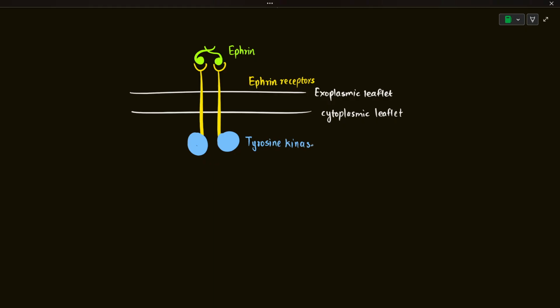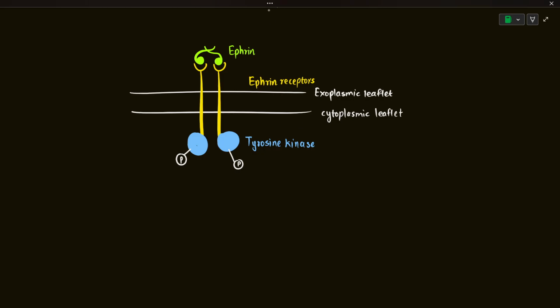First they were in the inactive state, but now they are activated, and that is why a phosphate is added on the tyrosine residues. The phosphotyrosine residues will exist there. The phosphorylation of those tyrosine kinases will activate them fully, and now those tyrosine kinases will work on the Rho-GEF family.